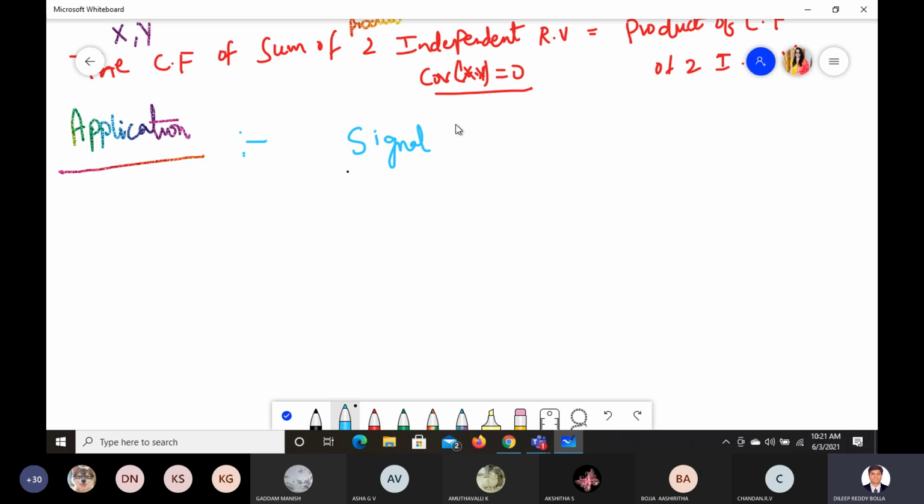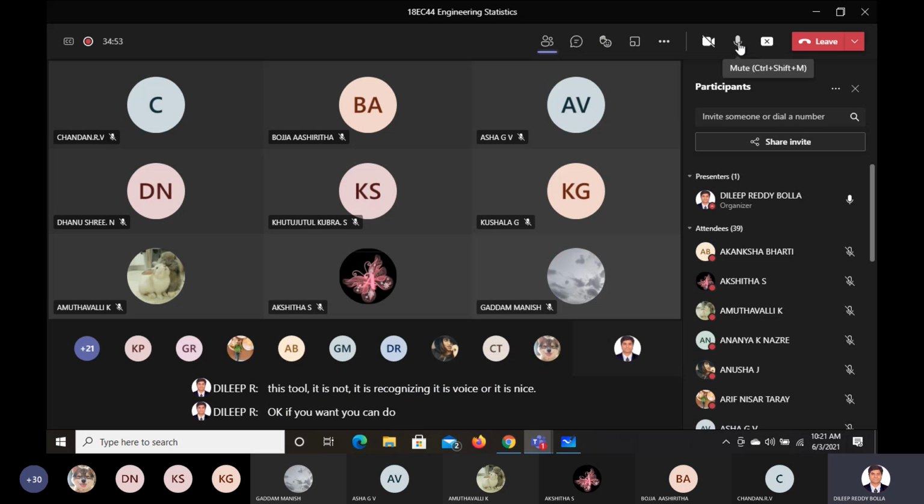Usually, Microsoft Teams uses an algorithm for suppressing noise. There are noise suppressors inside this tool. It is recognizing whether it is voice or noise. Let me show you a demo. You see here, I am muting myself and I am not talking.